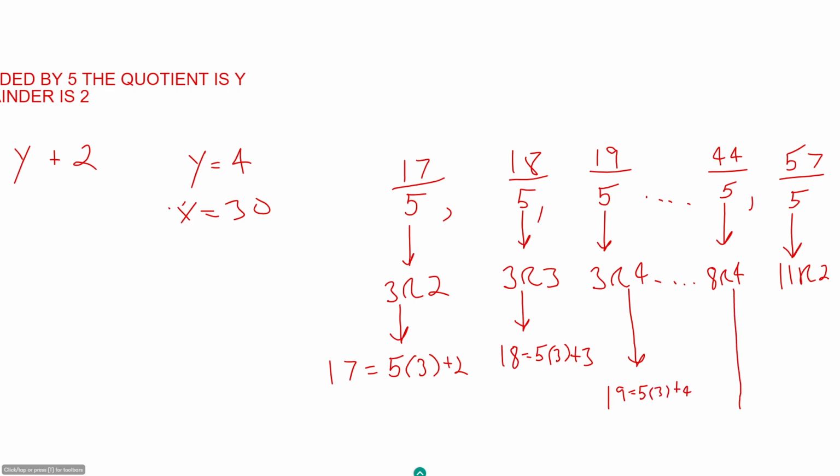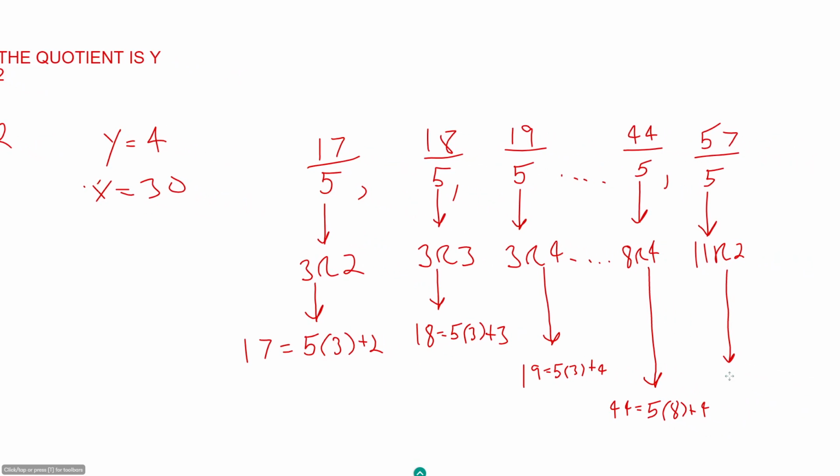So here we're trying to get to 44. So 44 is equal to 5 times 8 plus 4. And here, 57 is equal to 5 times 11 plus 2.